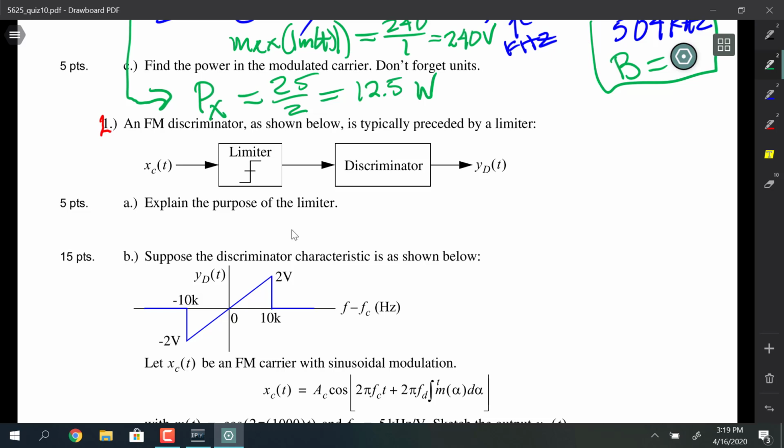It gives clipping, but what is the purpose of the clipping? Why do we want to put clipping on there? Specifics. So I could write down here, clipping to do something.